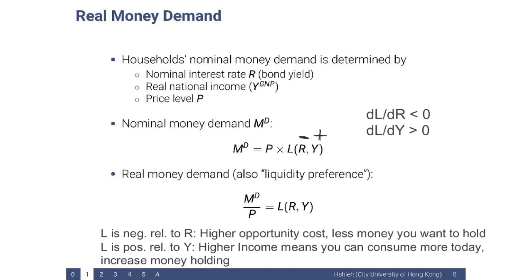Yeah. Let me draw this more clearly. Positive and negative. Okay. So maybe I will write this as well, in case people prefer the math. What I mean is dL/dR is negative, and dL/dY is positive.